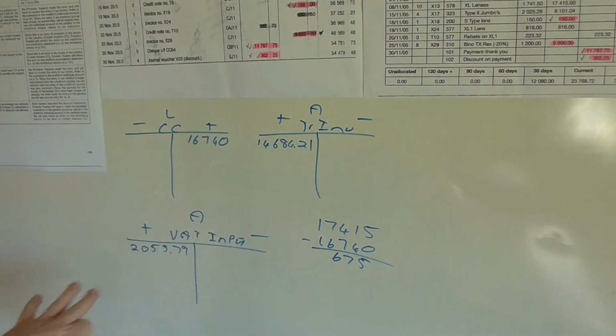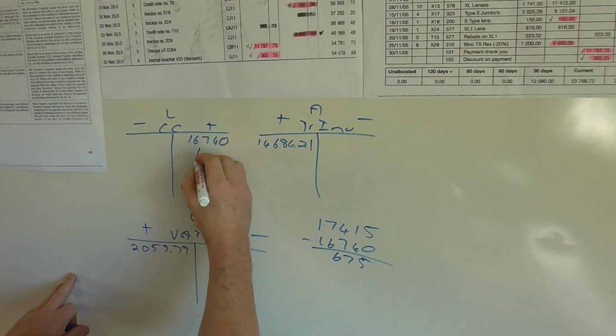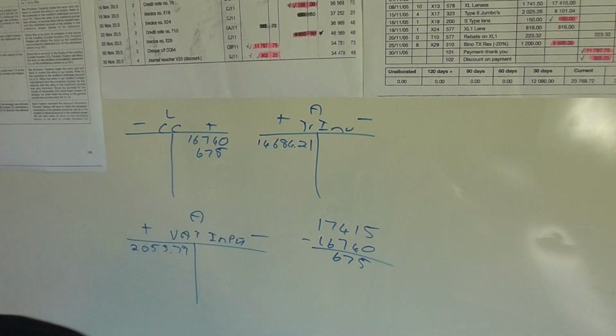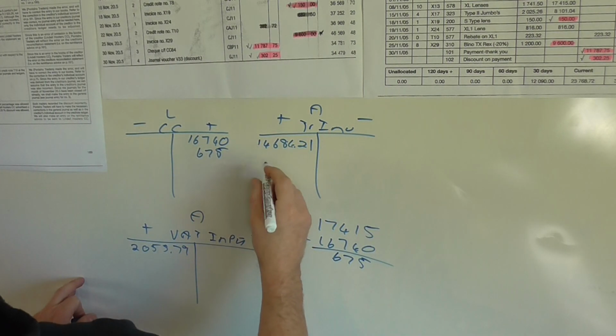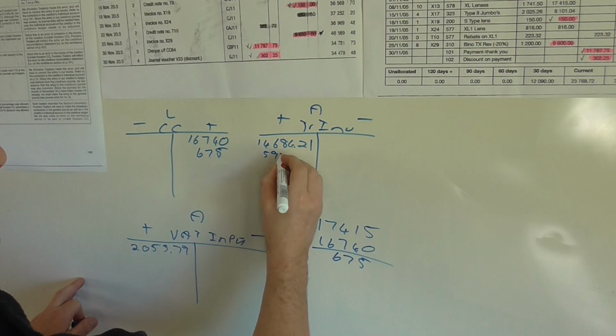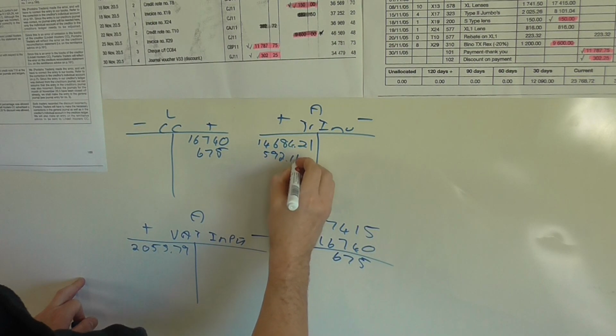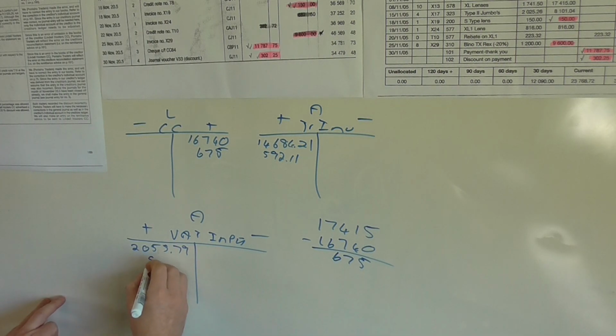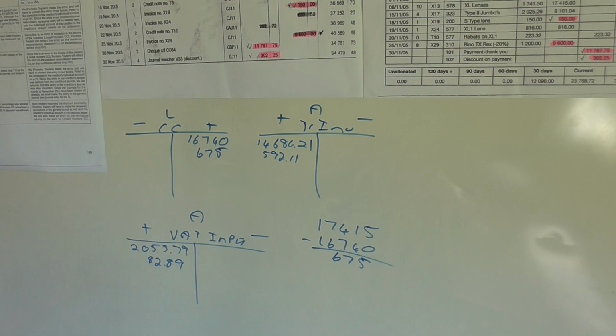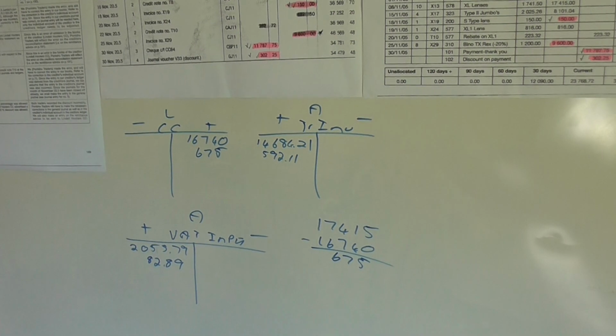Let's add it first on our T accounts. So we've got 675. This will increase our trading inventory by 592.11, and our VAT input will increase by 82.89. Great stuff.